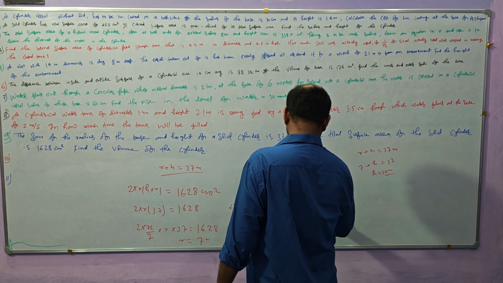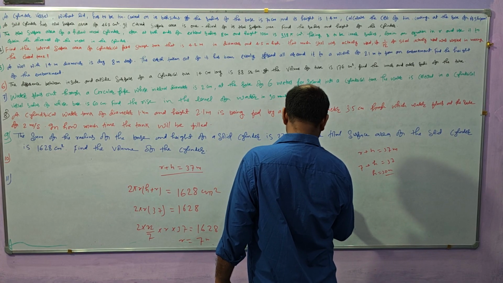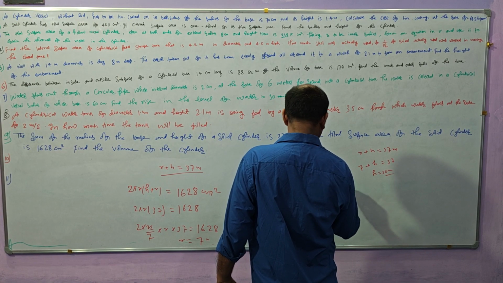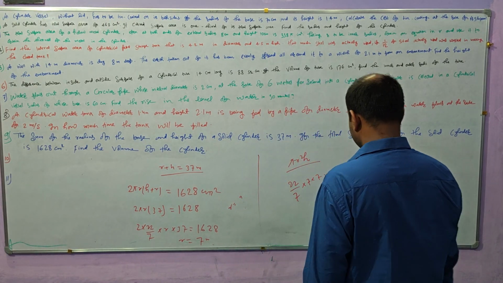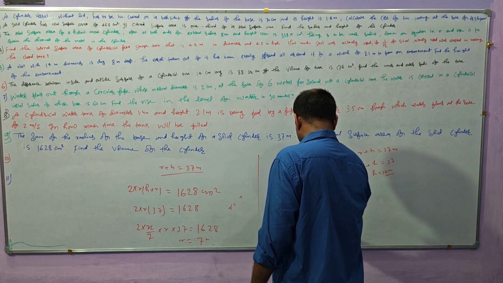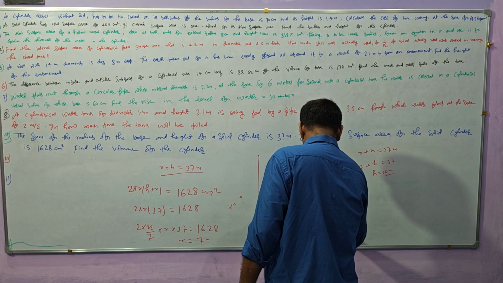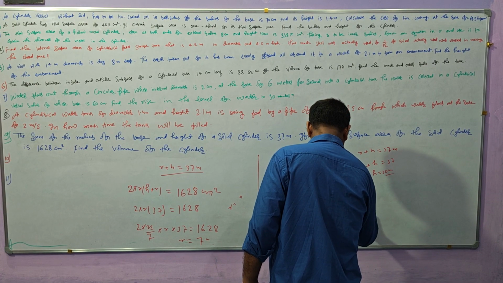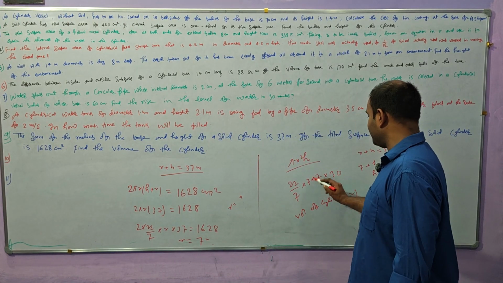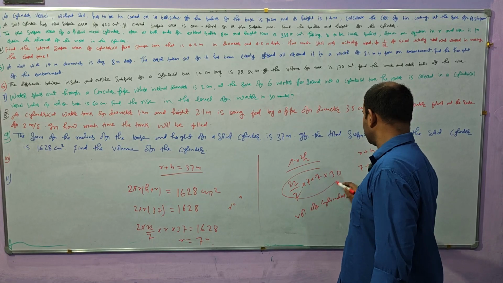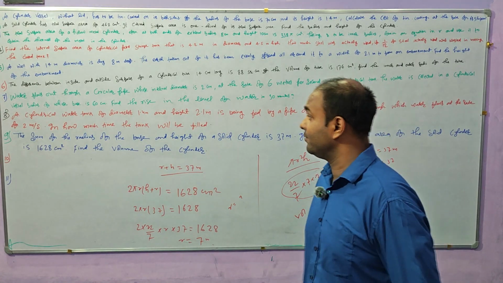So when we put 22 upon 7 into 7 into 7 into 30, we get the volume of the cylinder. After solving this we get the volume of the cylinder.